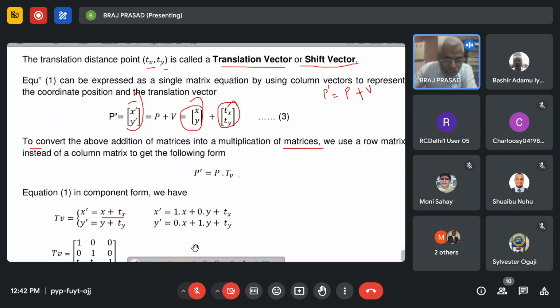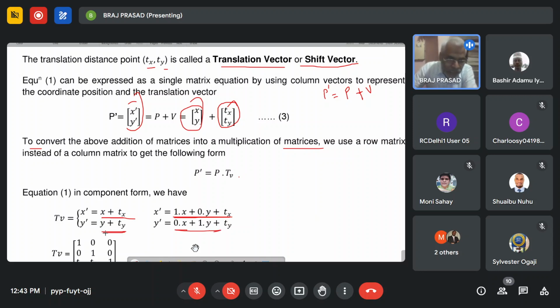So this equation is rewritten in this form: x has coefficient one, y has coefficient zero, and tx has coefficient one, but I have hidden that coefficient. And y can be written like this: the coefficient of x is 0, but the coefficient of y is 1, and dy.